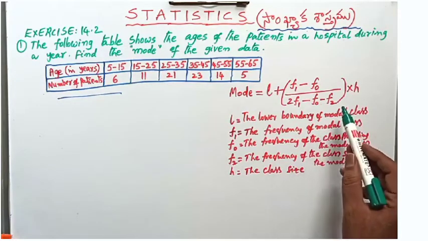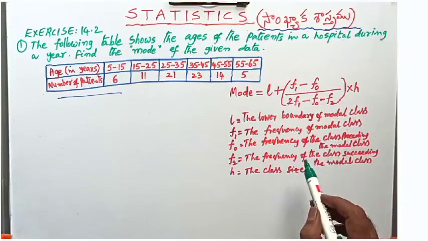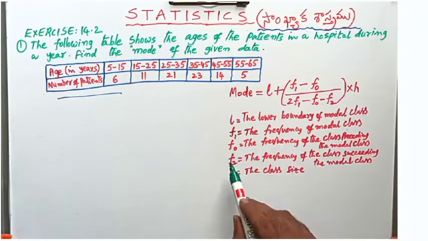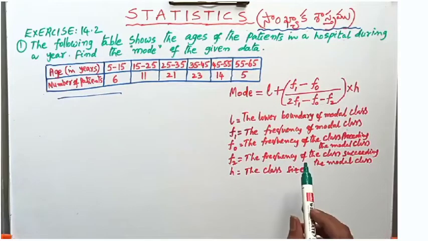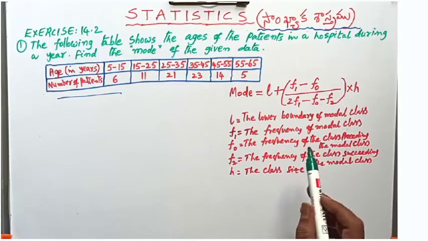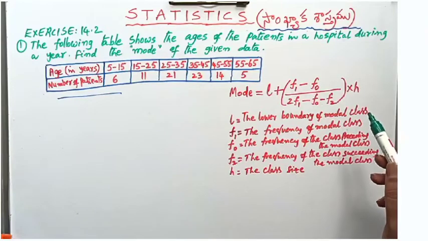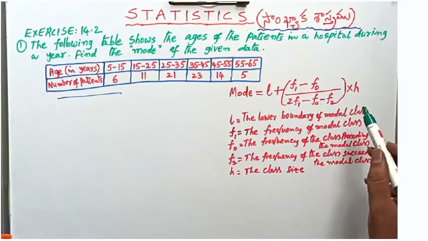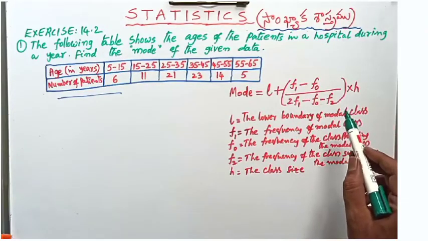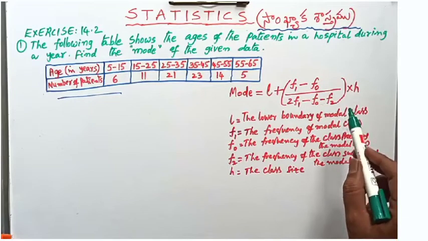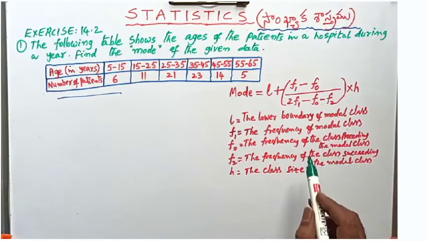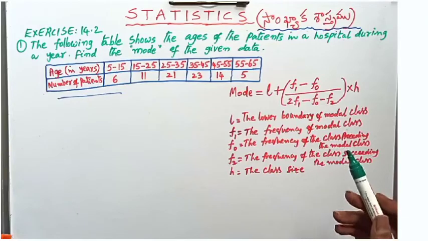So this is the formula, and this is the explanation of each term. You have to learn all these by heart, because there may be a chance to ask in your examination: write the formula of mode and explain each term. Then it is very useful to answer that question.